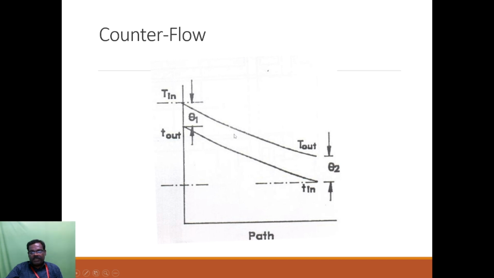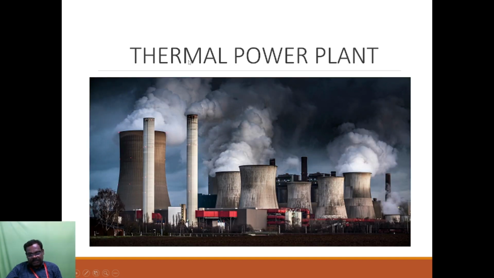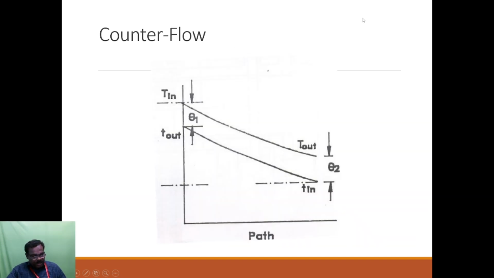The hot fluid rejects heat from T inlet to T outlet. The hot fluid direction is this one, and the cold fluid direction is opposite to this. So this is called a counter flow heat exchanger.